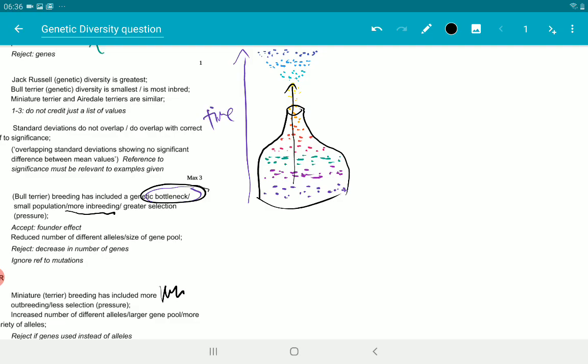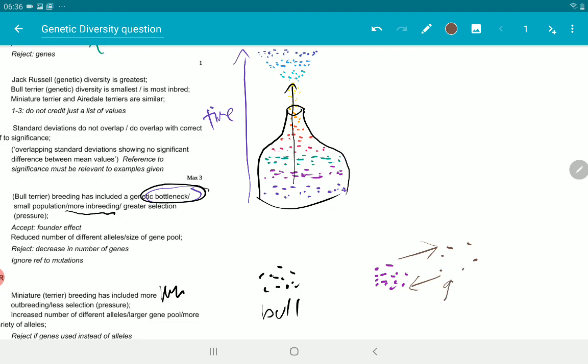So you've got your bull terriers population in here, and you've got your miniature terriers over here. But the control of the bull terrier population has been a bit stricter than the miniature terrier population, and other dogs have been allowed to mix with the miniature terrier population and breed with them.